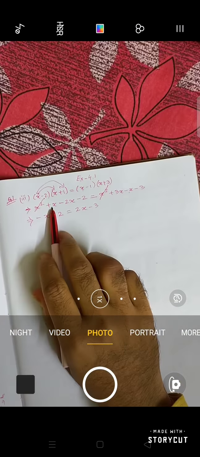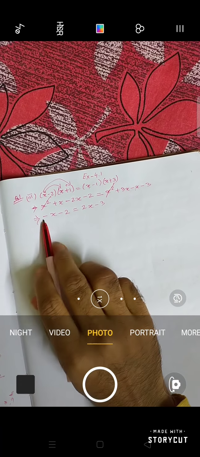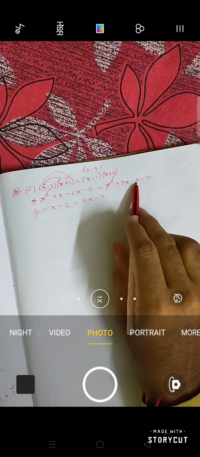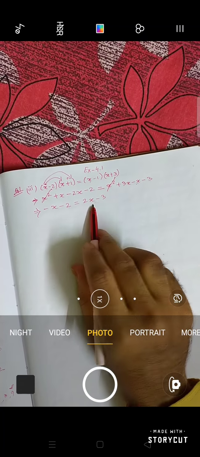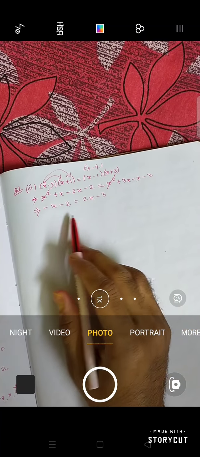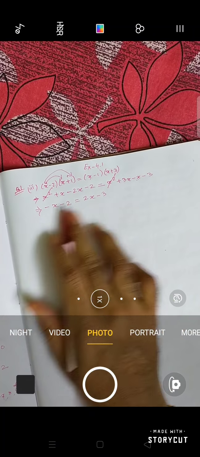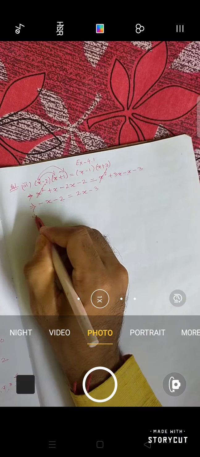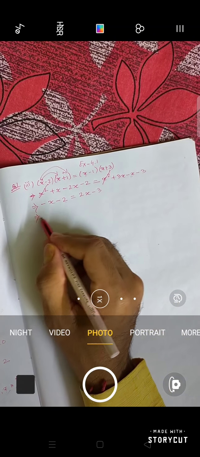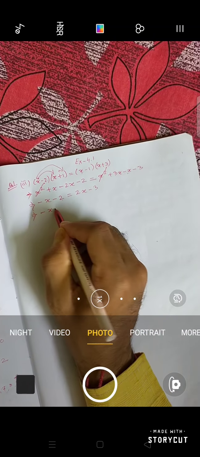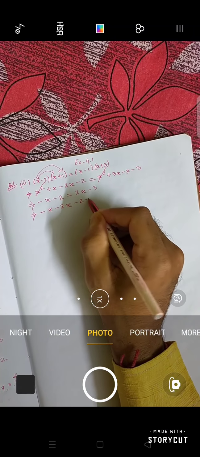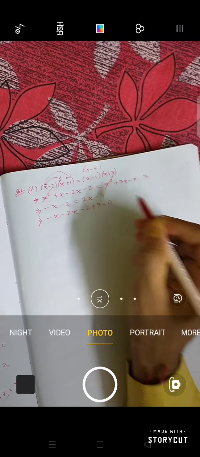So x minus 2x gives minus x, and this is minus 2. Now 3x minus x is 2x and minus 3. Now we have to solve it completely. We will not leave it this way only. We will move this number to this side. So we will have minus x minus 2x minus 2 plus 3 equals to 0.